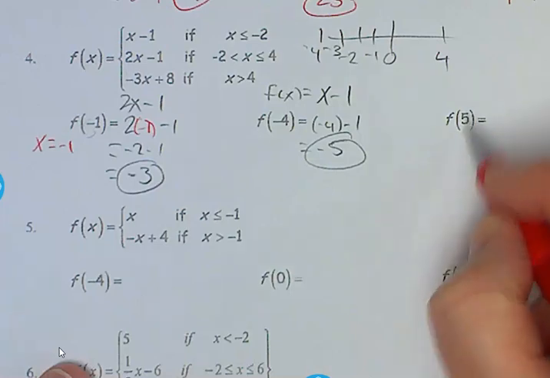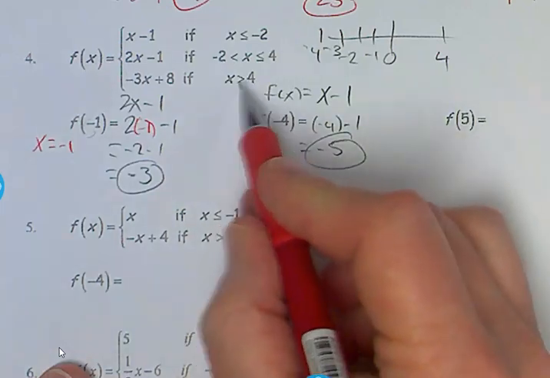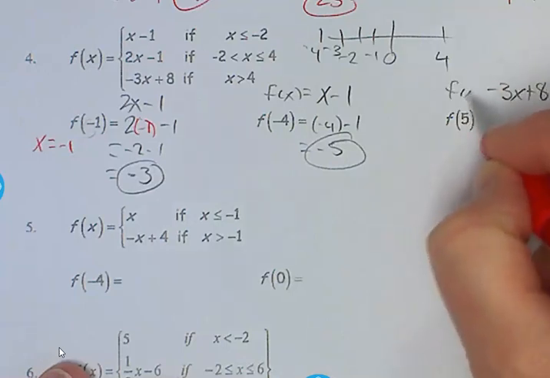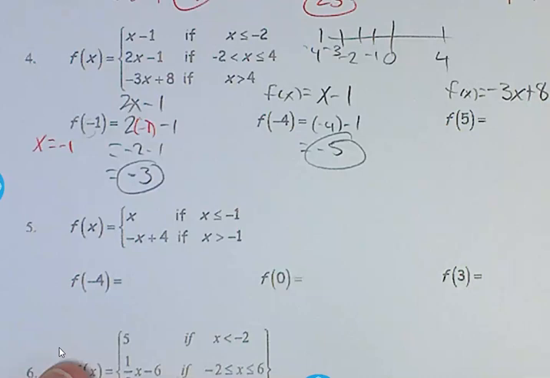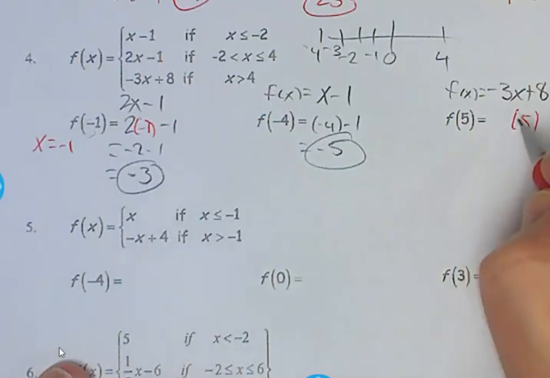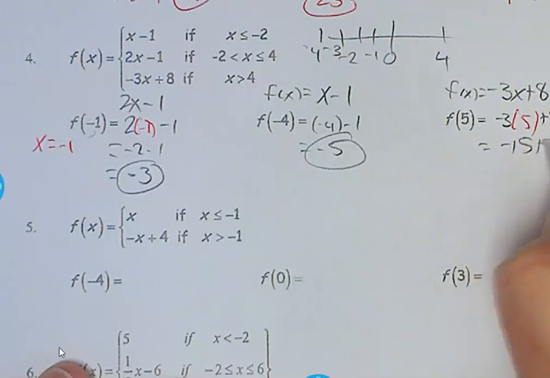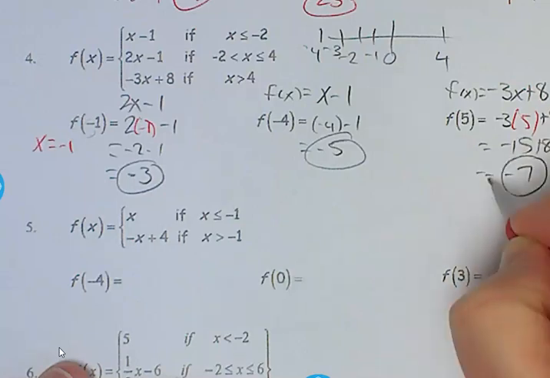Again, if you're using x equals 5, 5 is greater than 4, so we'd be using the -3x plus 8. So the 5 goes there. -3 times 5 plus 8 puts you at -7.